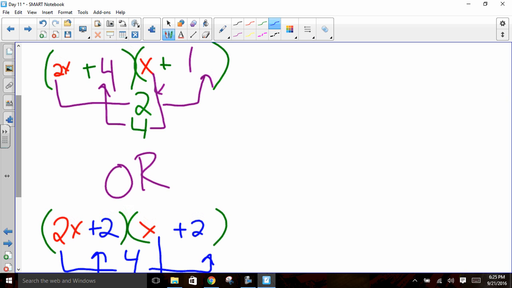Some of these, neither one is better than the other. They'll get you the exact same answer. So you could be doing house method with a friend, and depending on which you divide by first, you could have 2 different answers, both still right. So if you guys have questions, make sure you just talk to me and we'll chat about it.